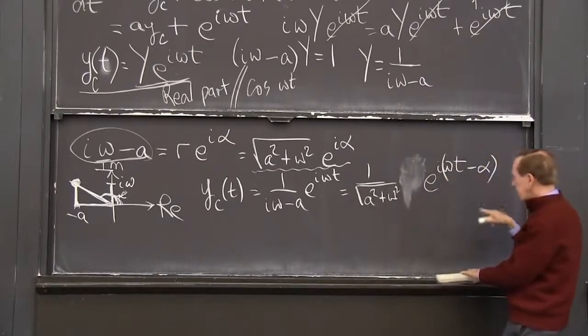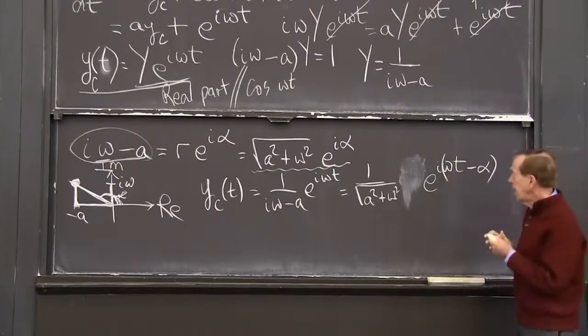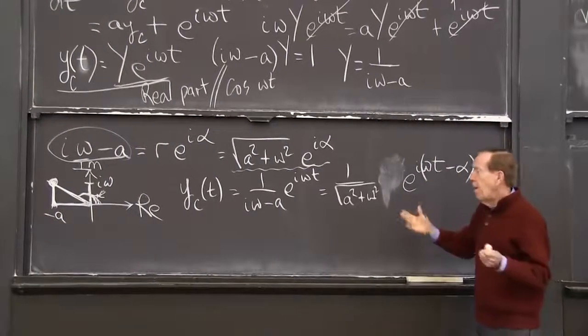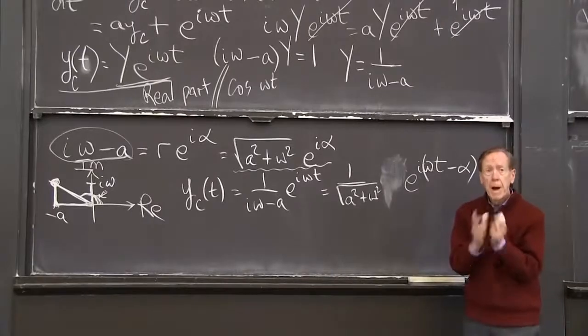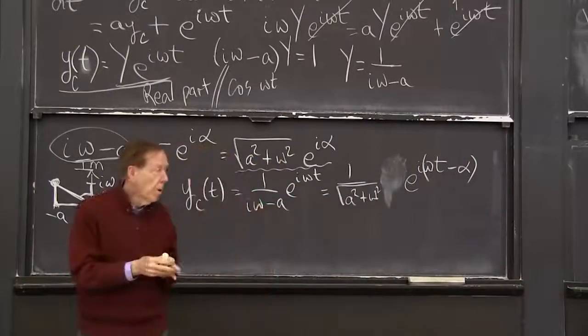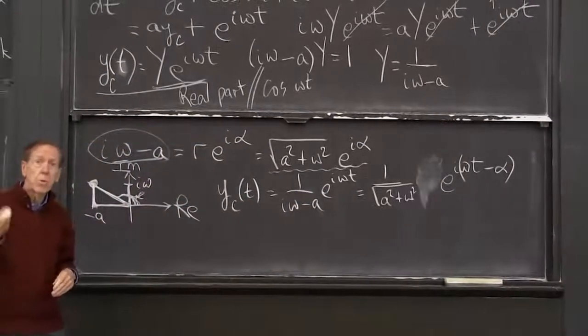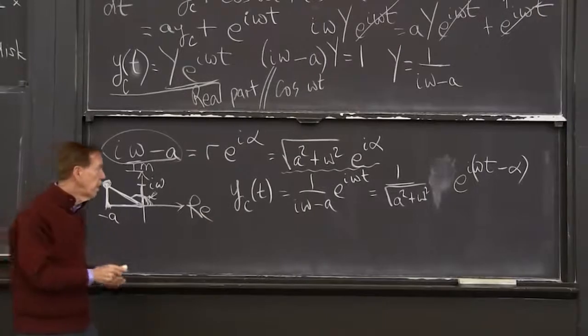You see that it has that factor e to the minus i alpha, as well as the e to the i omega t. Now I'm ready to take the real part and the imaginary part, and that will give me my two real solutions to the real equation.